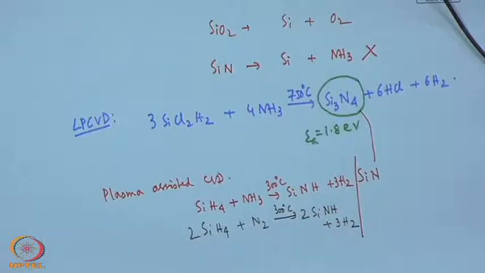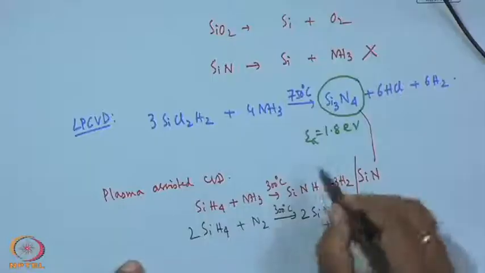So, that means this is the silane reaction. In both cases of this plasma assisted CVD, we find that silane is reacting with either ammonia or with nitrogen to obtain silicon nitride.